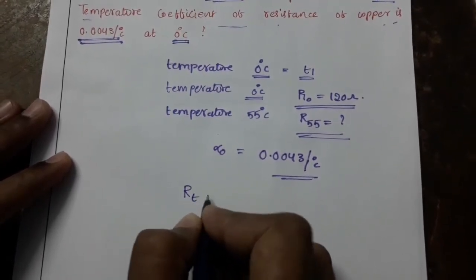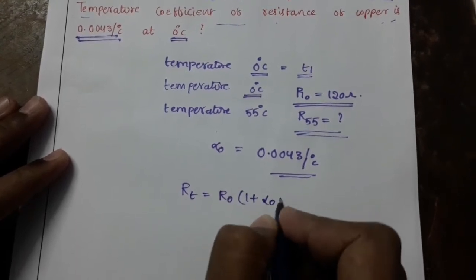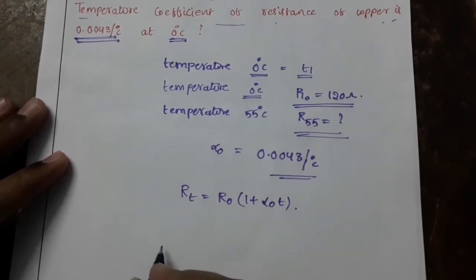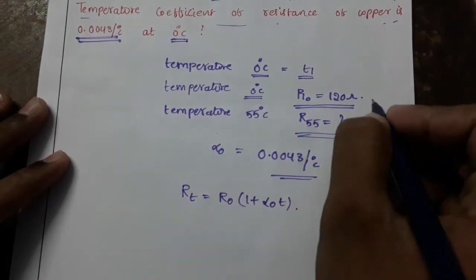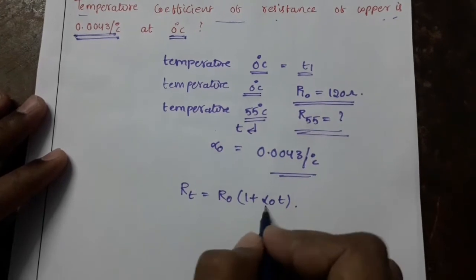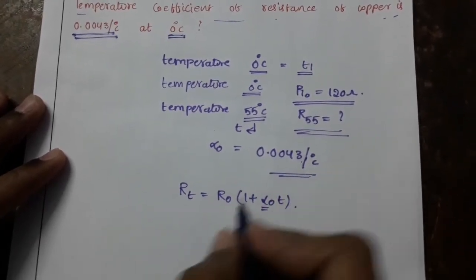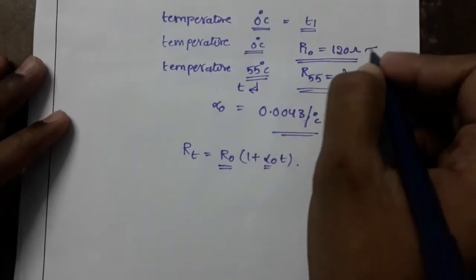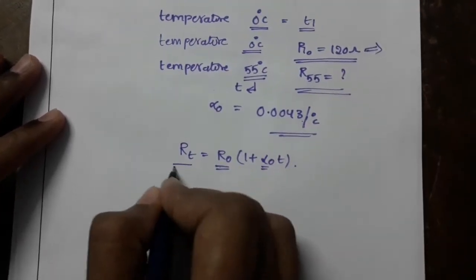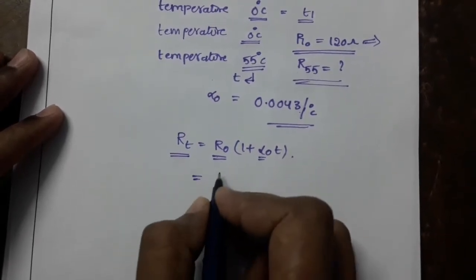RT equal to R naught into 1 plus alpha naught into T. We know T is equal to 55 degrees centigrade, alpha naught equal to 0.0043 per degree centigrade and R naught of 120 ohms. And we have to find the RT. I am substituting the values in the equation.